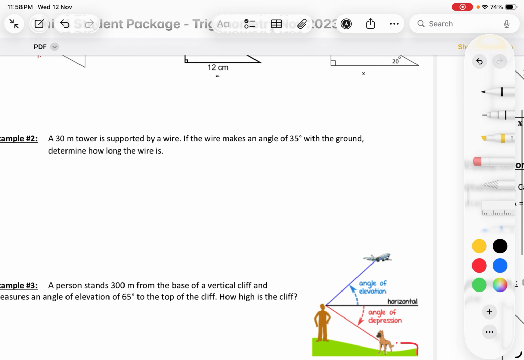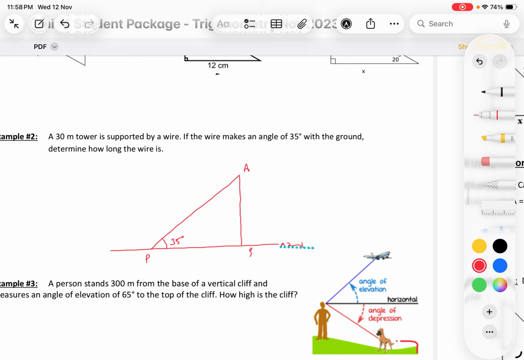Next we have example number 2. A 30-meter tower is supported by a wire. Let us suppose AB is a tower, and this is ground level. It is supported by a wire which makes an angle of 35 degrees with the ground. Determine how long the wire is.